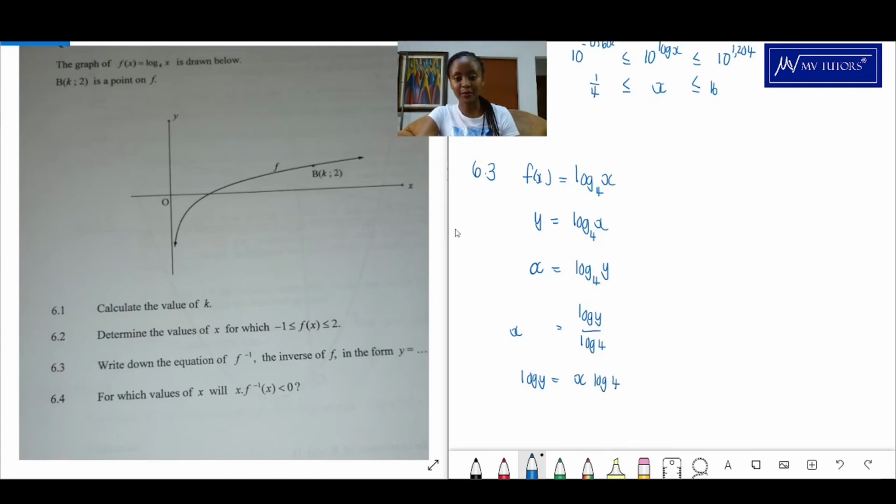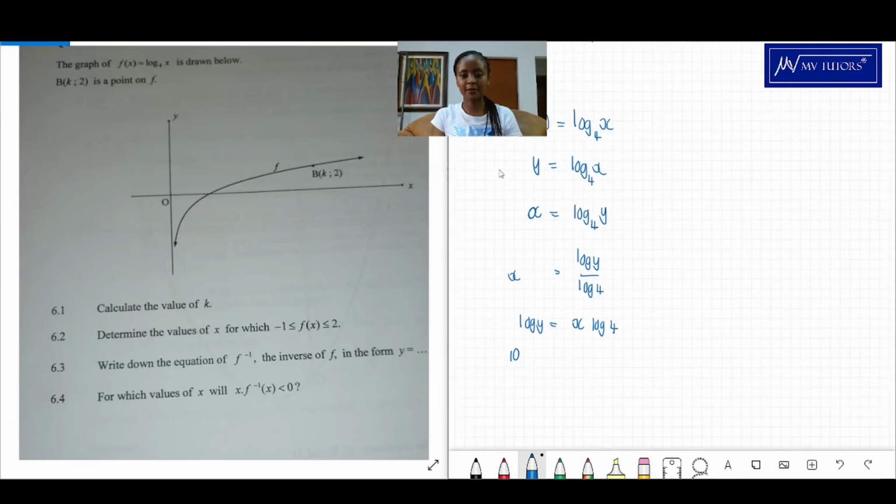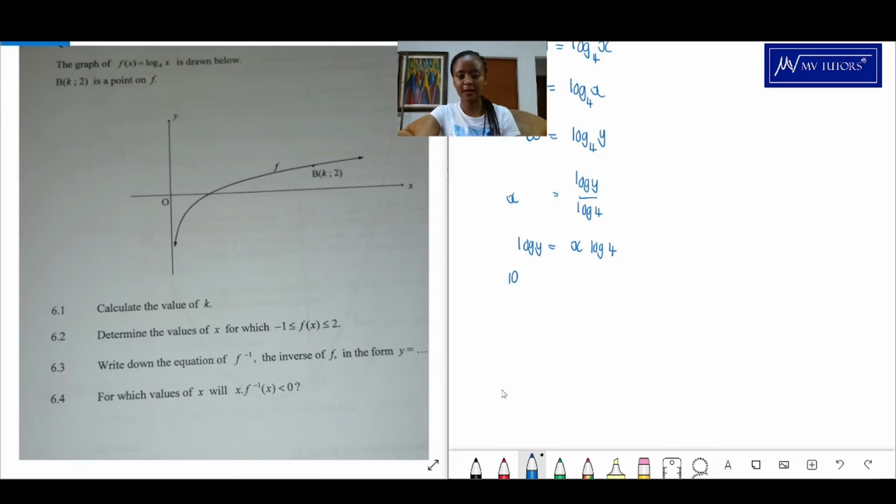And then if I bring in 10, let me just shift this page up, let's bring that a little bit lower. If I say 10 to the power log y is equal to 10 to the power x log 4, this would cancel. I have y that's left over.